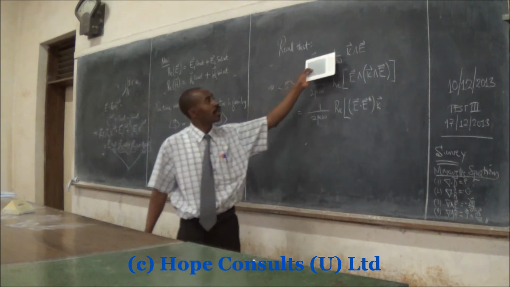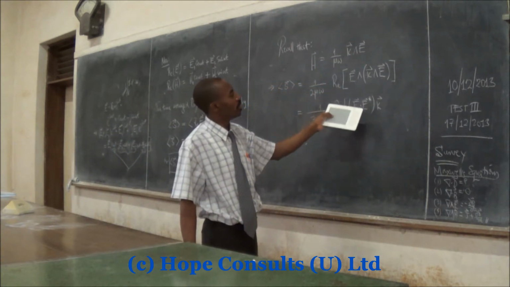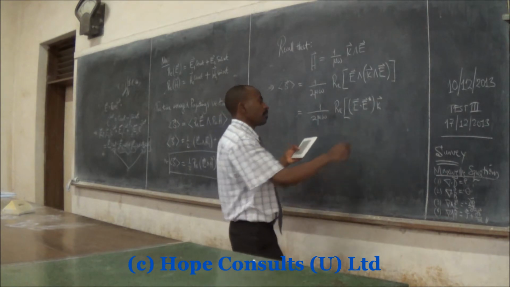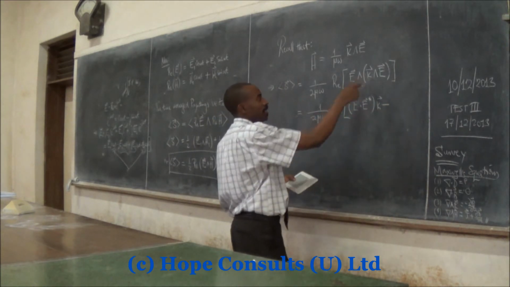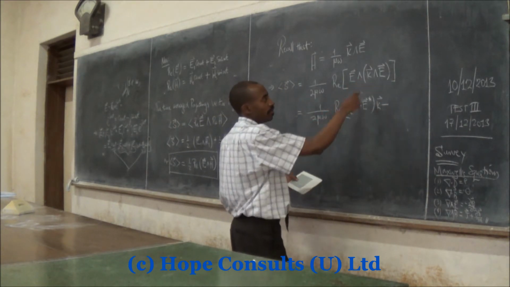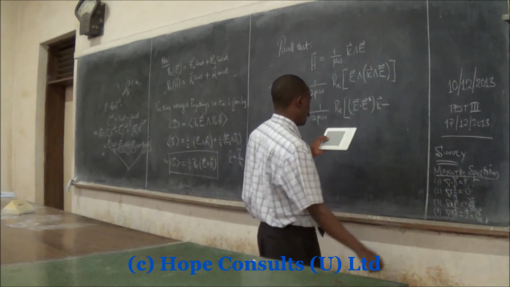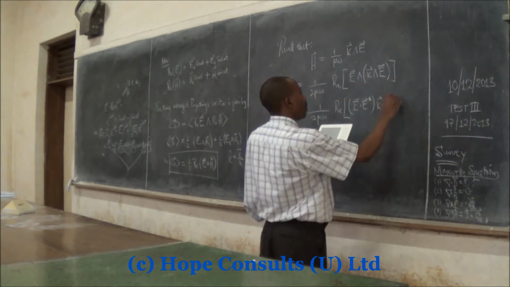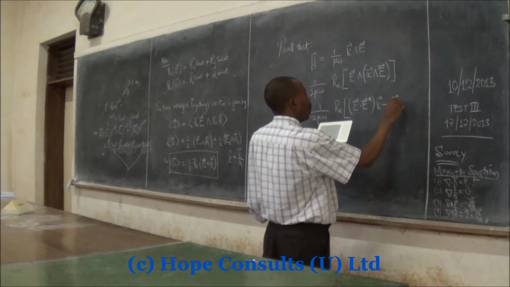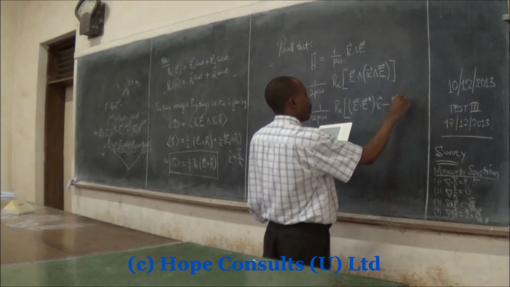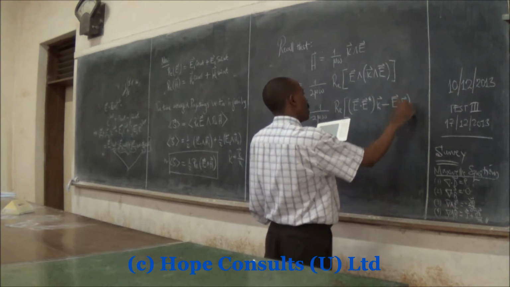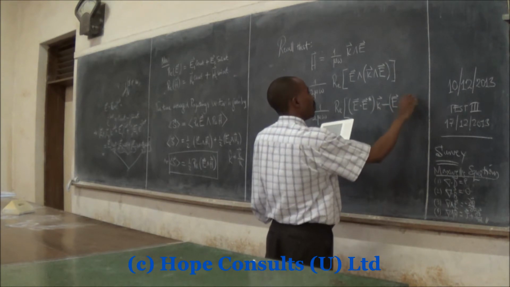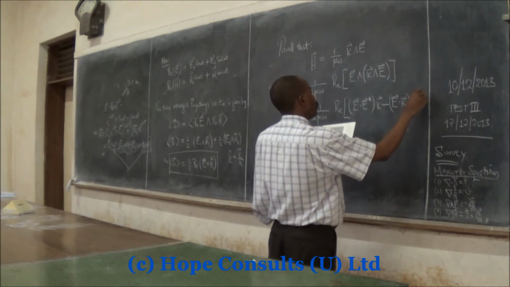So these are correct. This is a vector minus, this is just an identity of expanding this using an identity. And this would be E dot K into E conjugate.